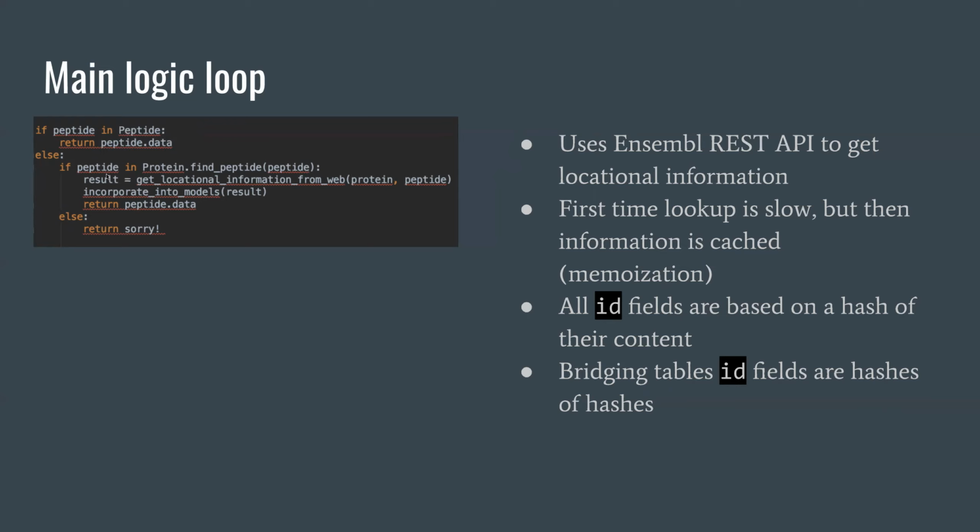But if it can't find it, it will first make sure that it's in the protein database, and if it is, it will go out to the web and do the very careful mapping, and then incorporate those results into the model and ultimately give it back just as if it had been there. And if it's not really in any protein anywhere, it will give back an error message.